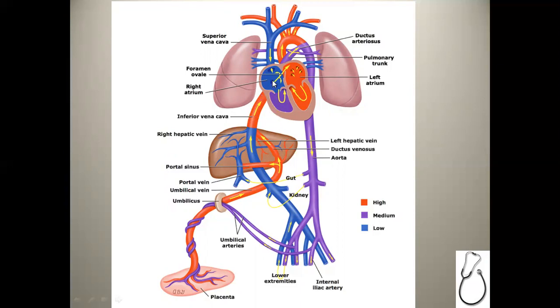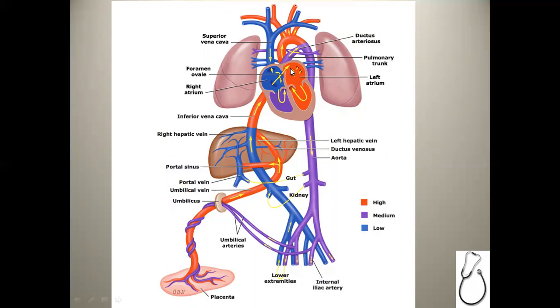From the right atrium, it will be shifted directly to the left atrium, not to the right ventricle, through a structure which is called the Eustachian valve, which is a flap of tissue located at the junction of the inferior vena cava to the right atrium, which directs the blood through the foramen ovale to the left atrium.